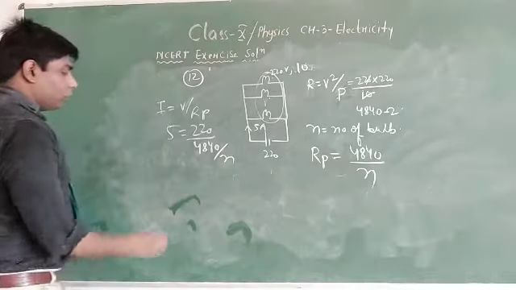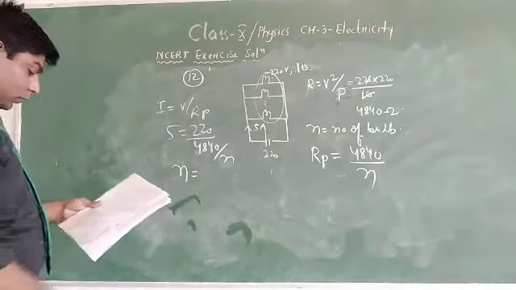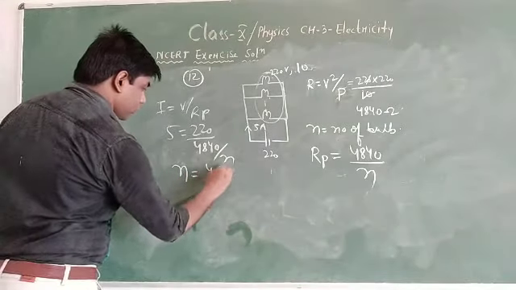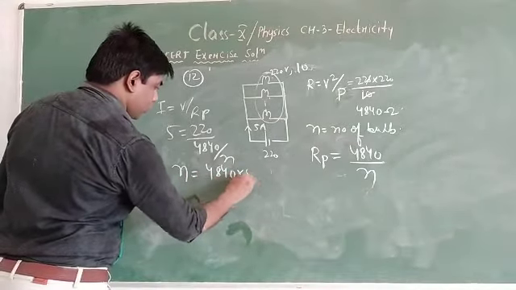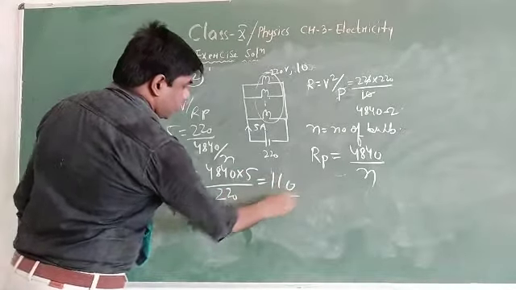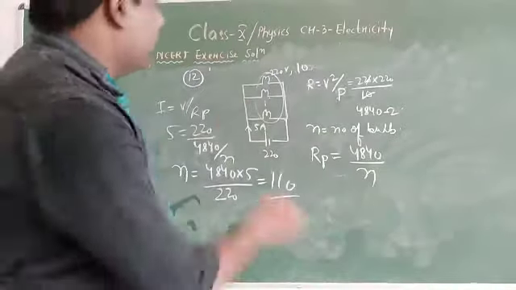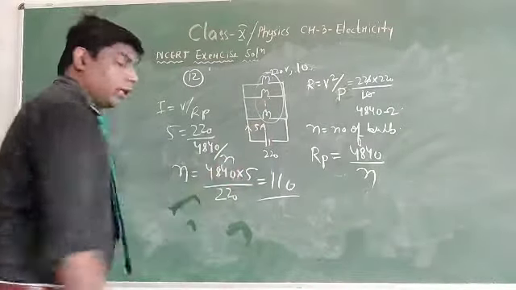Right? So on solving, we get n is equal to 110. Number of bulbs will be how much? 110. Means in parallel, how many bulbs are connected? 110. Right?